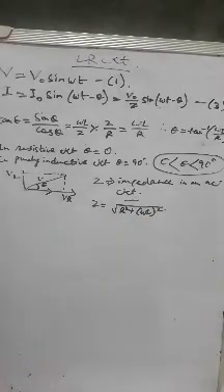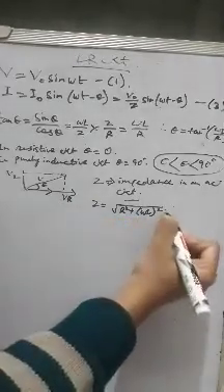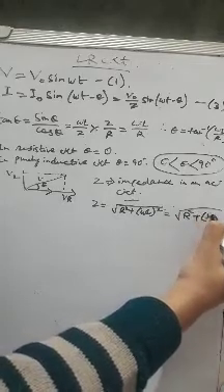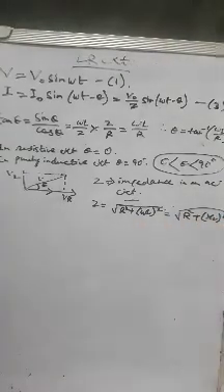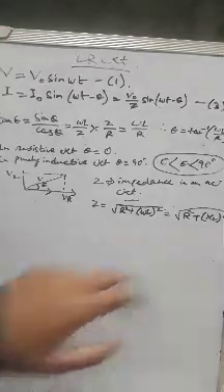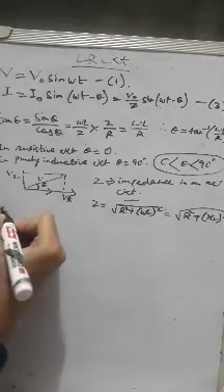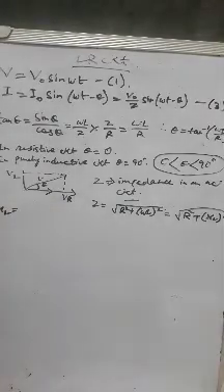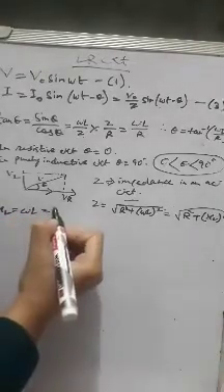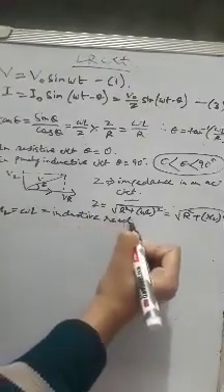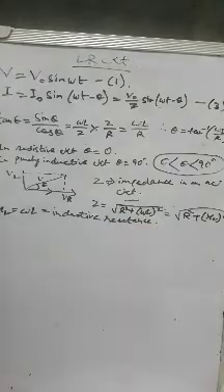Instead of writing this omega L, I can write it in this way: root R square plus XL whole square, isn't it? I can write the omega L in this XL form, where XL means omega L, which is your inductive reactance. This XL part is called the inductive reactance.